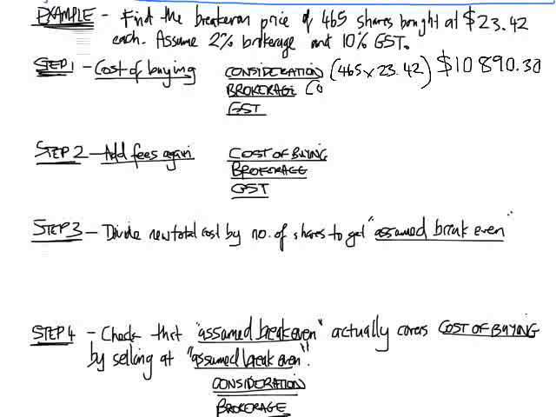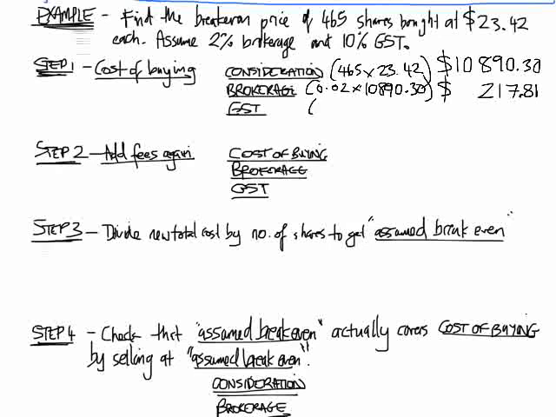Brokerage is 2%, so that's going to be 0.02 times $10,890.30, and that is going to be $217.81. I rounded that. It's actually 0.806, but I rounded up to 81 cents.